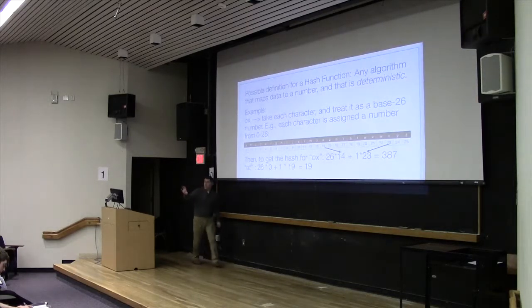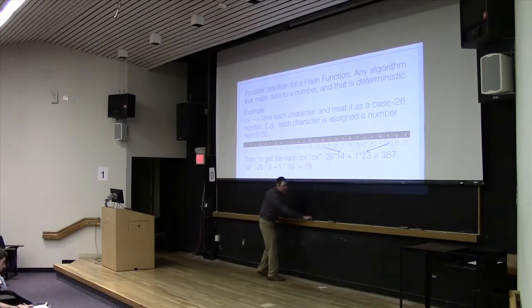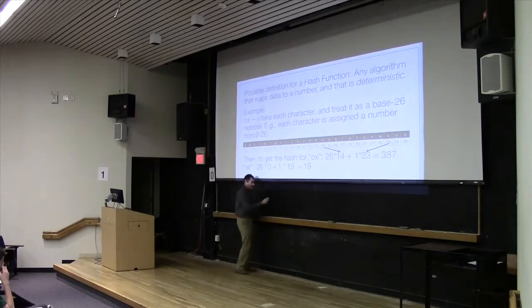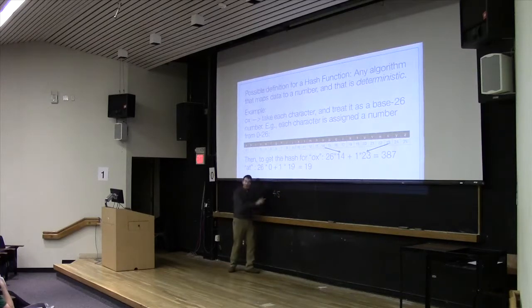I'm spending the time on this because this is kind of a key idea of this example. If I want to do 45 in base 10, there are 10 different characters, 0 through 9. And this one is going to be 10 to the 1 times 4 plus 10 to the 0 times 5. 10 to the 1 is 10, and 10 to the 0 is 1.